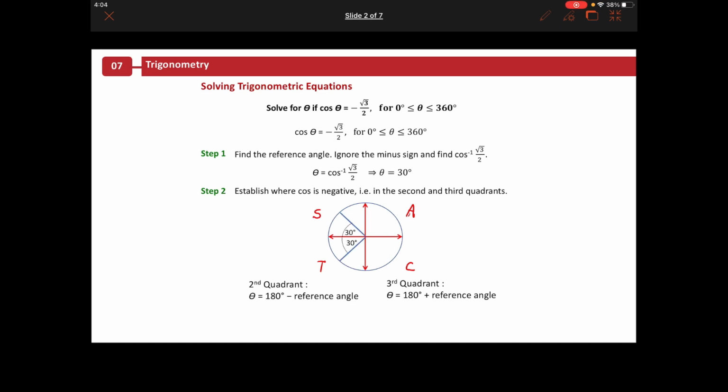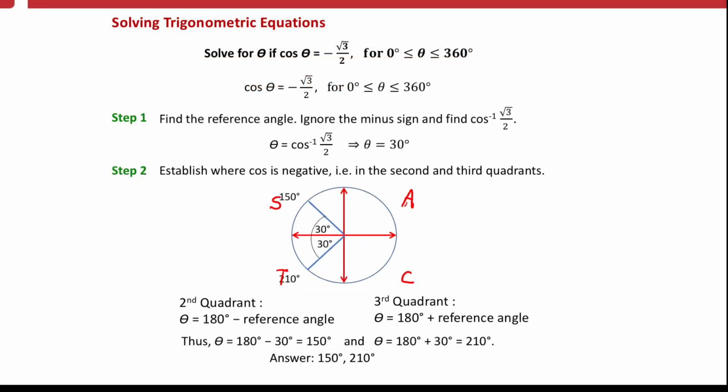To solve for theta, we substitute our reference angle into both our equations. That means that theta is equal to 180 degrees minus 30 and theta is equal to 180 degrees plus 30. Therefore, theta is equal to 150 degrees and 210 degrees.